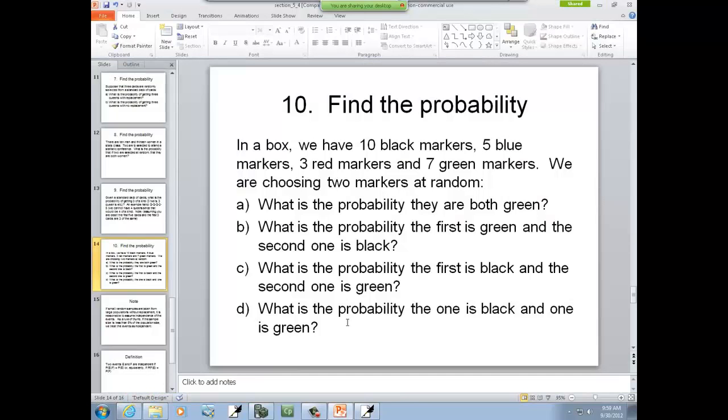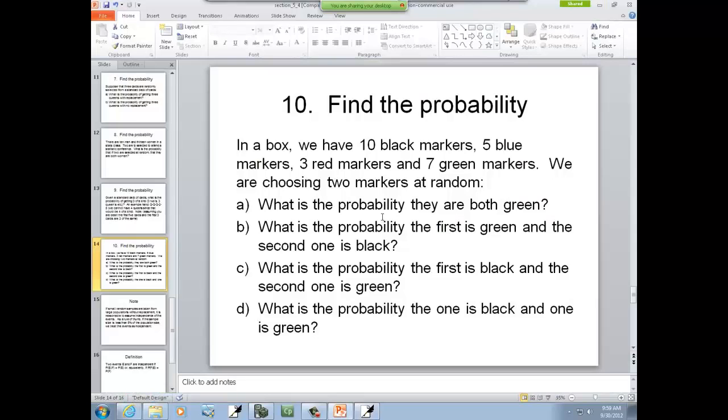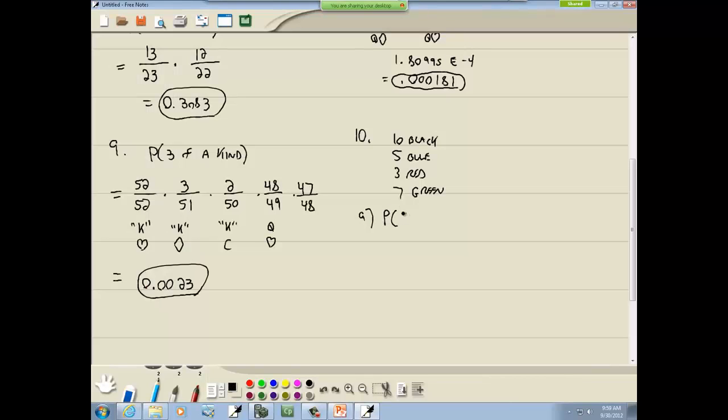Now A says, we are choosing 2 markers at random. What is the probability they're both green? Now, we're choosing 2 markers, which means we're not putting them back in, so no replacement. And probability they're both green. So we're looking at probability of green, green.